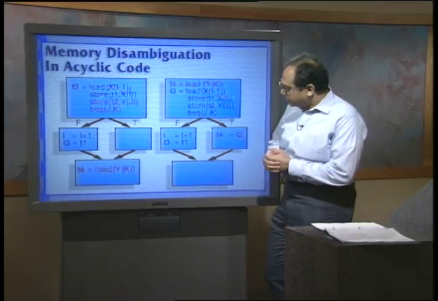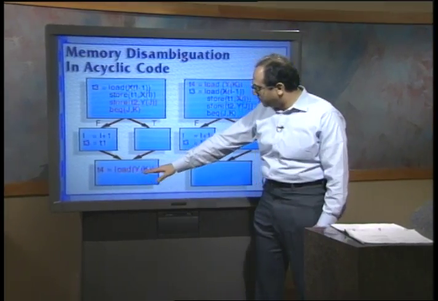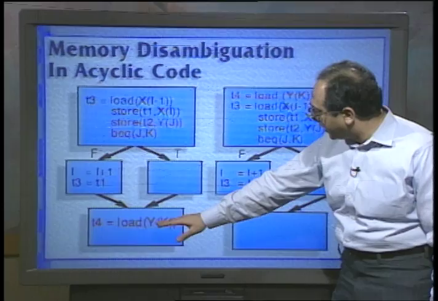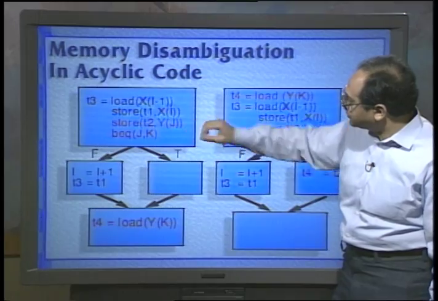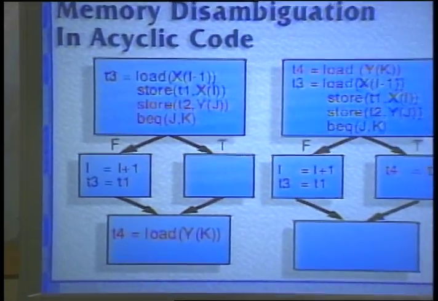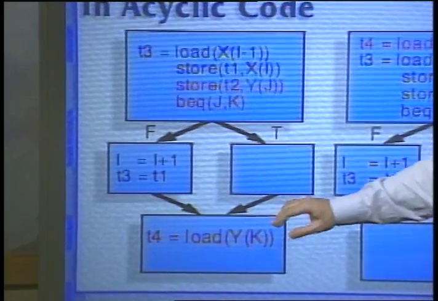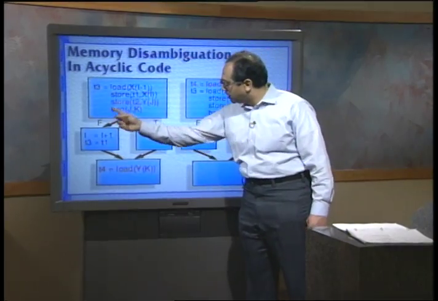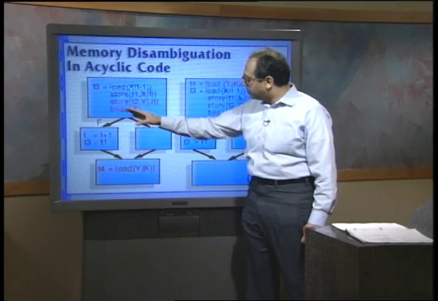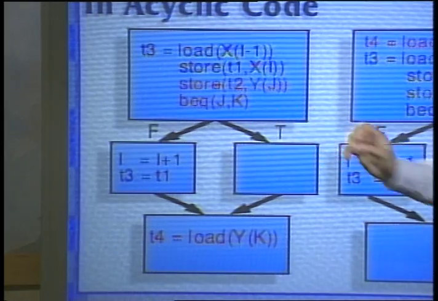Now let's consider the other load from the array y, element y sub k. And over here, we have a store to some location y sub j. Again, we'd like to know, are these to the same location? Now here, we'll make use of some additional information, which is that the branch over here branches this way if j is equal to k.